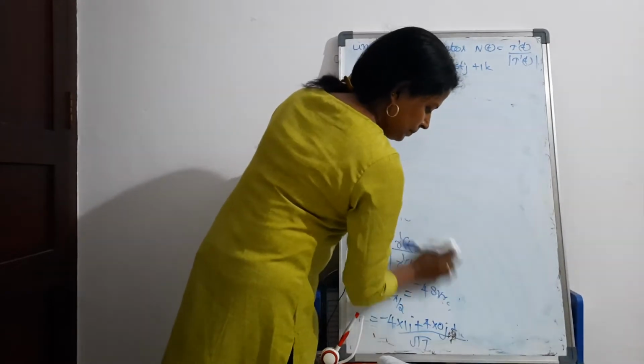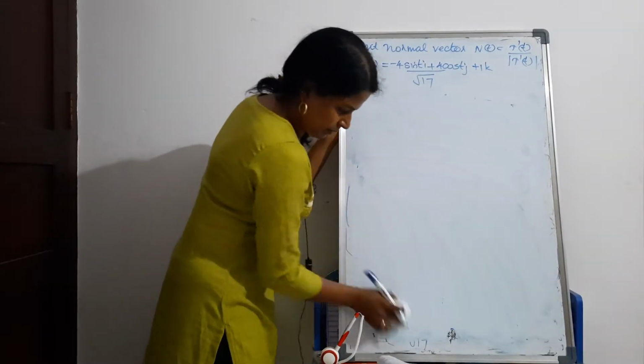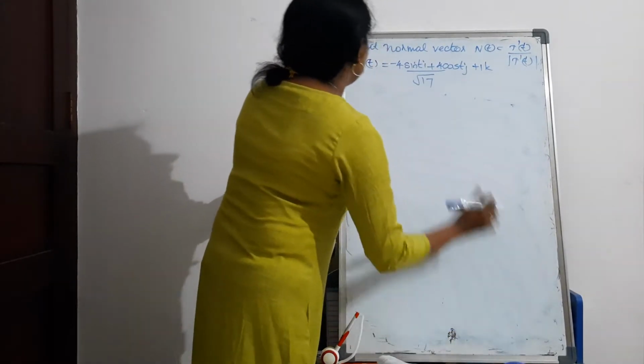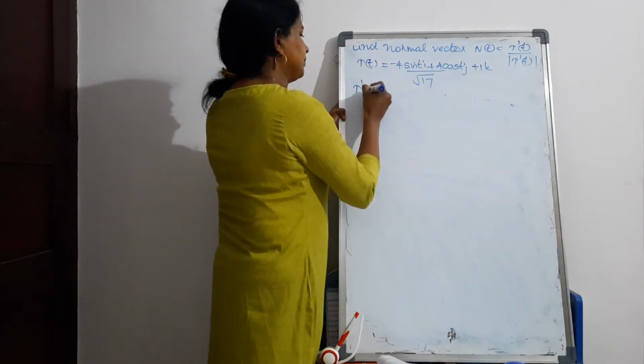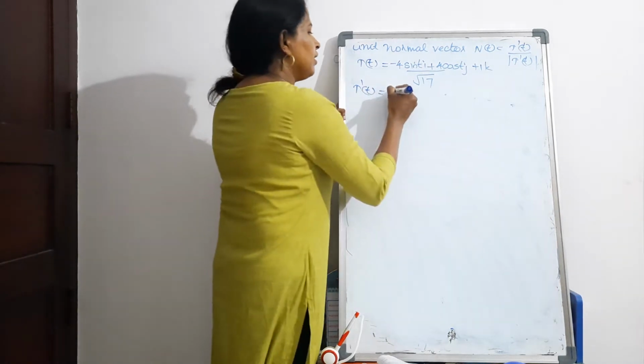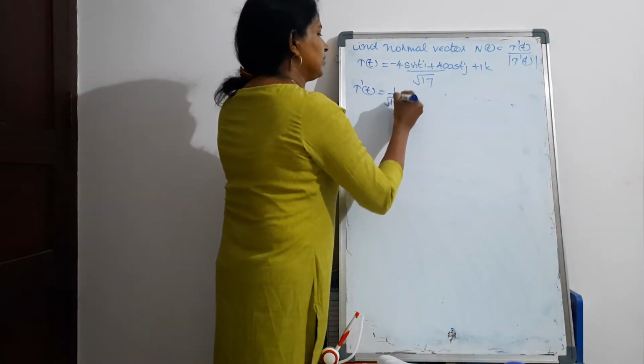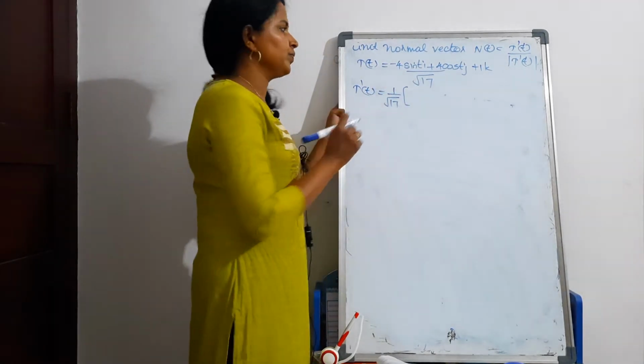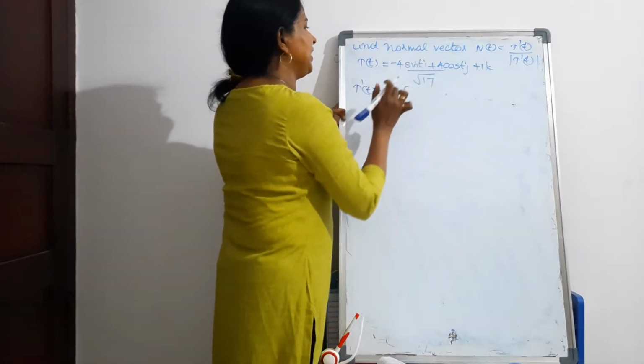First, T dash t. T dash t is the derivative of T of t. 1 by root 17 is a constant, into minus 4 sin t i.